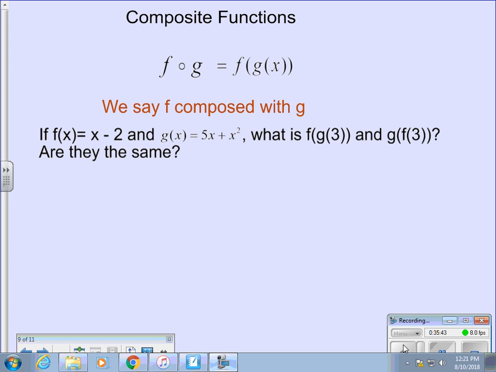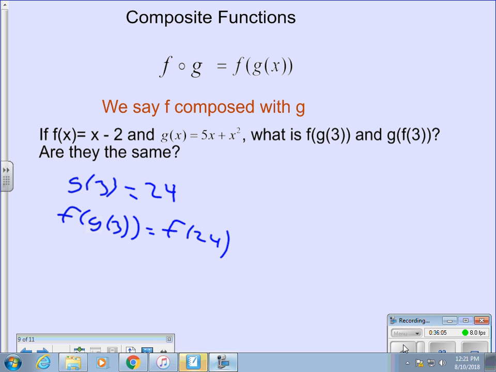Okay. So to do this, we need to do a couple of things. To do the first one, f composed of g of 3, we need to figure out what g of 3 is. Plug in 3 into g. 15 plus 9, that's 24, right? So that means f of g of 3 is f of 24, which is 22, correct?